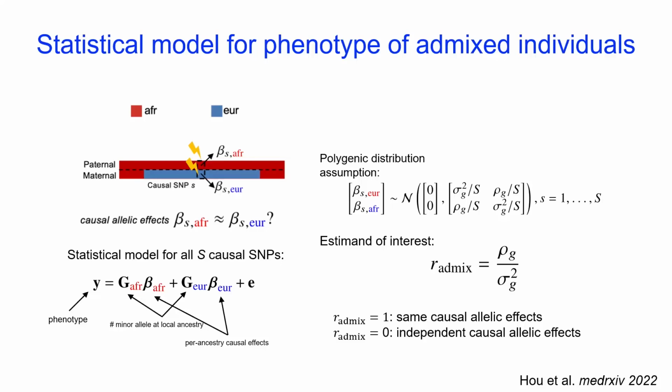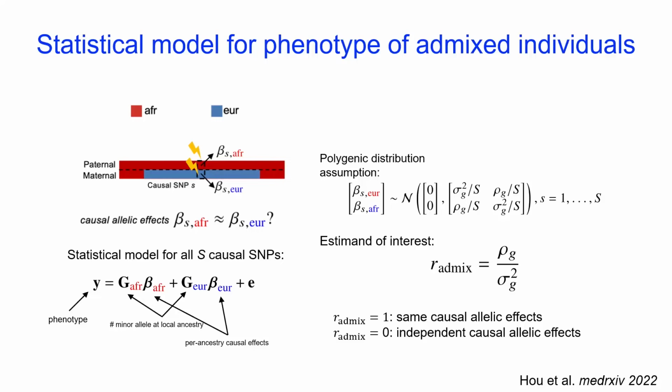And we fit these parameters, which would be the covariance between the causal effects, which is this rho G here on the right side, versus the sigma squared G, which would be the variance or the heritability in the two populations. And under this model, this quantity, this covariance divided by the variance, this correlation, which we labeled R admixed, will tell us whether the effect sizes are similar or not.